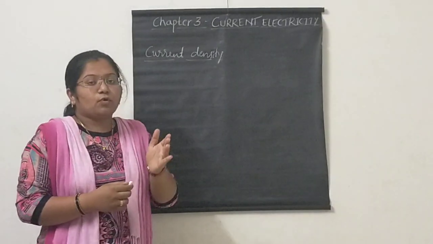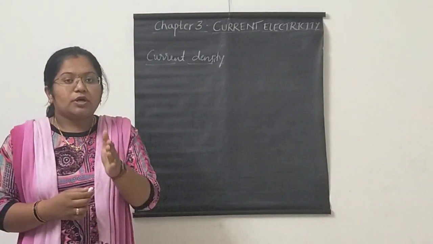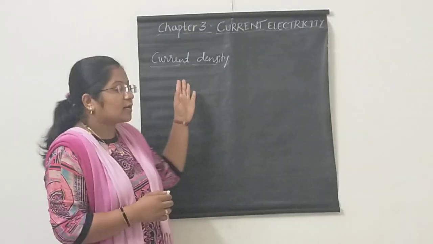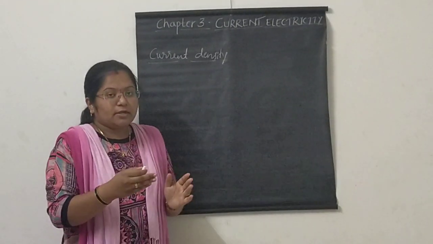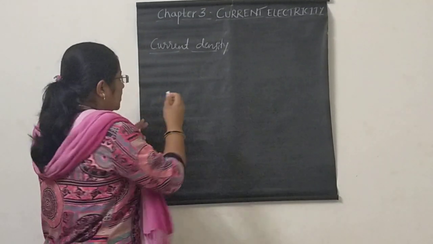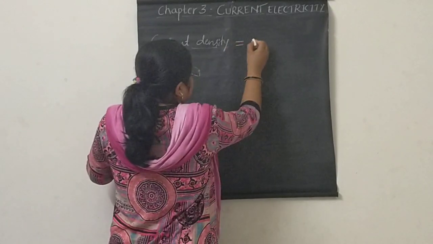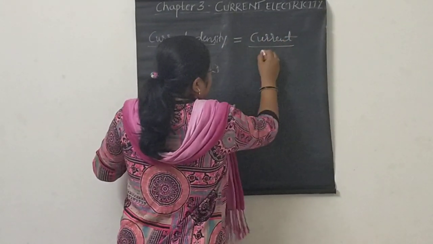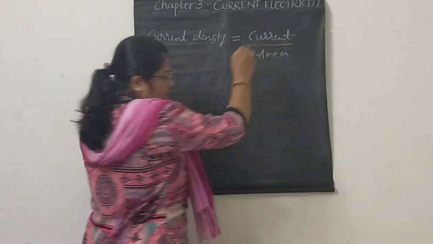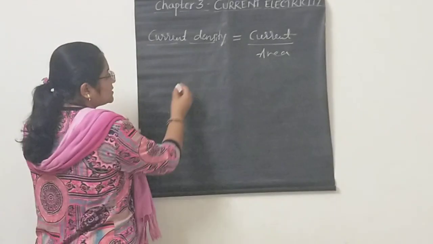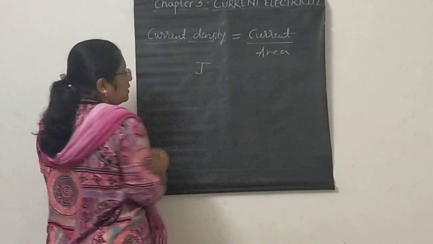The current flowing in a conductor per unit area of the conductor. Current density means current moving in a conductor per unit area. Understood? This is the definition of current density, and we denote it by the letter J.